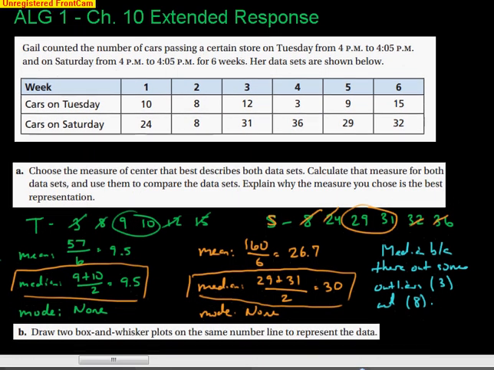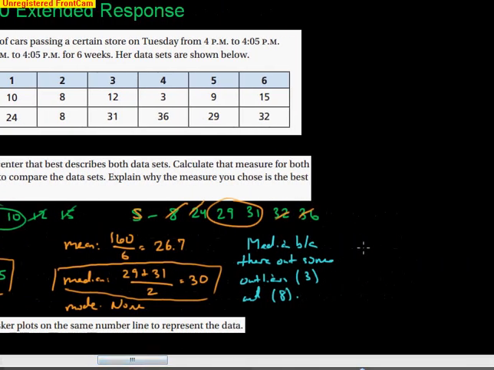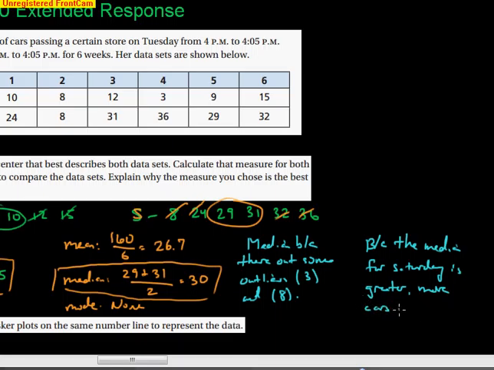So obviously, if I compare these two data sets, more cars are coming on Saturday than there are on Tuesday. So I'm going to slide over a little bit just to say because the median for Saturday is greater, more cars pass the store then.